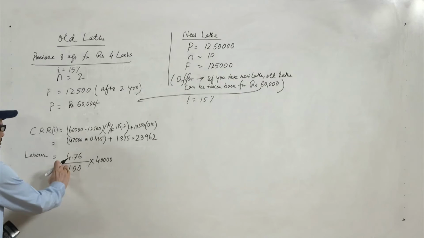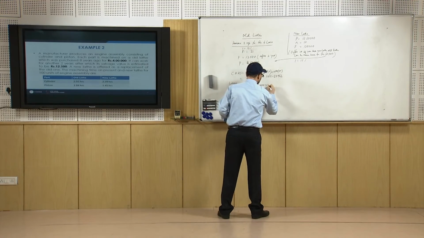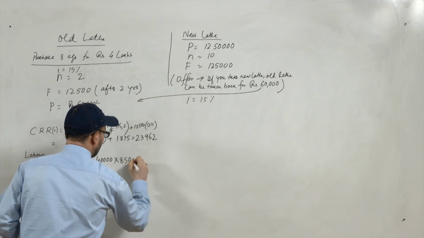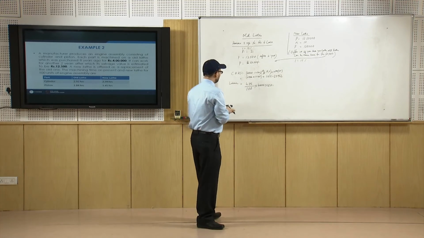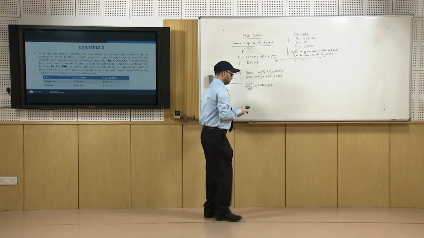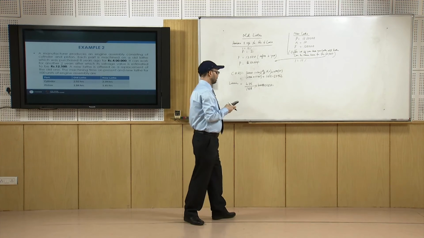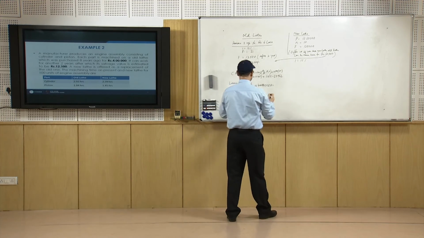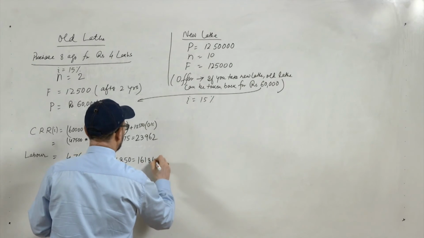So, this is the labor hours, and for every hour he is putting rupees 850. So, it will be 16,18,400.